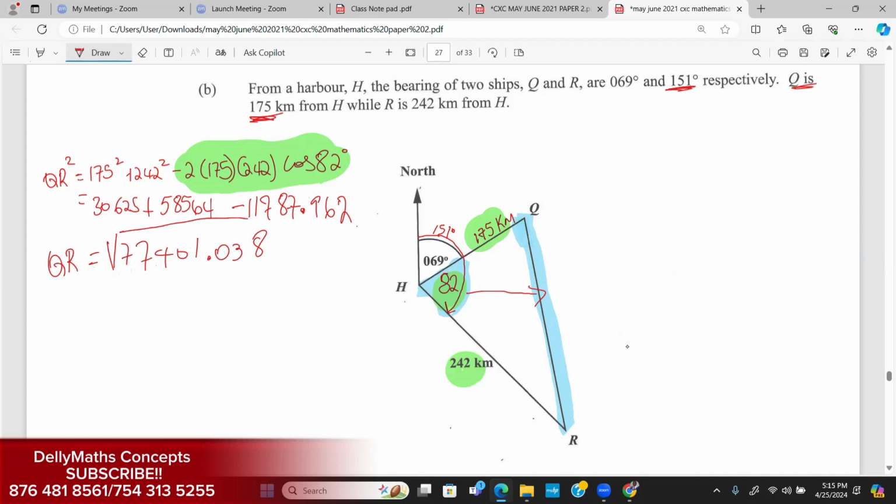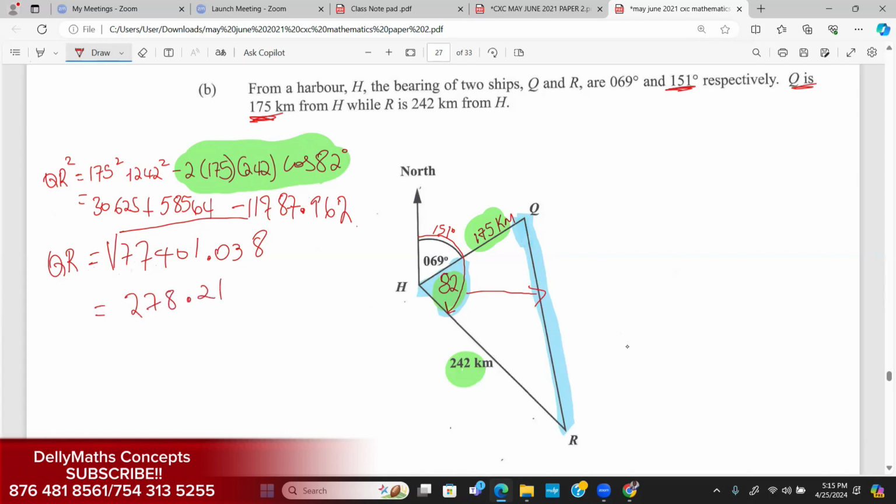So let us take the square root of this: 77,401.038. All right, so my answer for QR is actually 278.21.